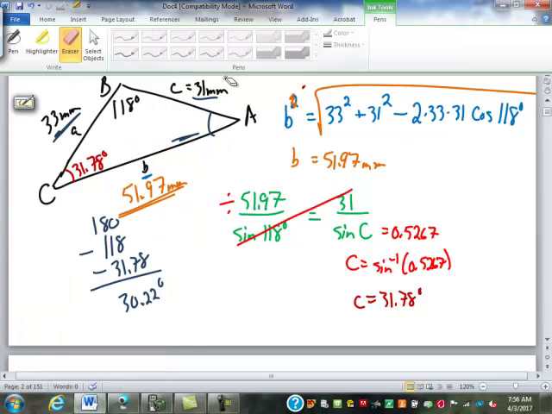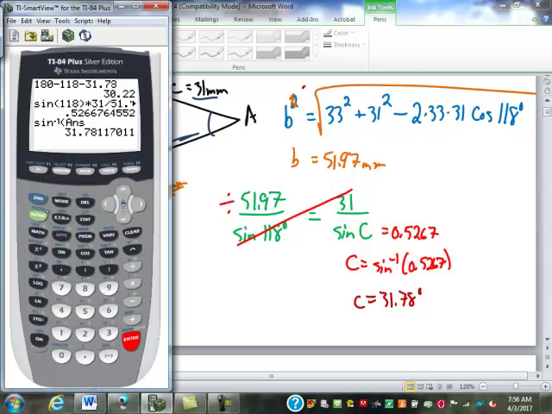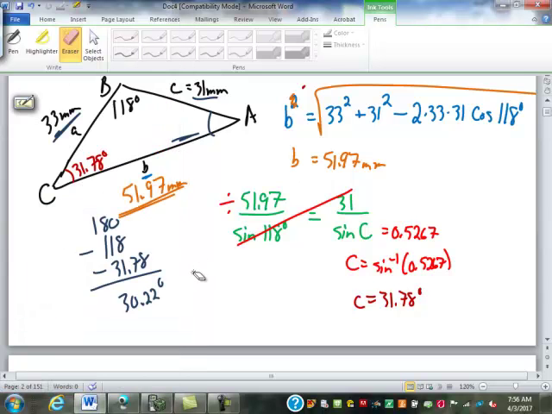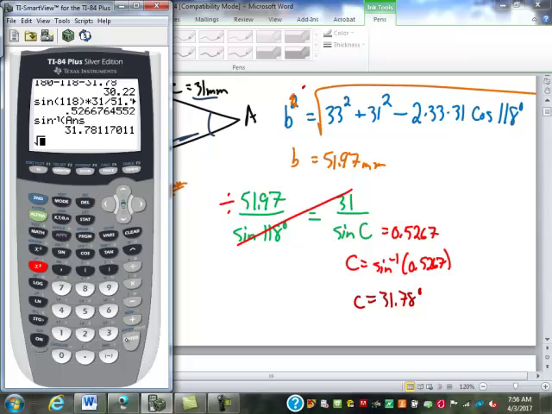Sometimes because these are so close together, there's a chance that round off errors could have got me, but I'm going to double check this calculation again just to be sure. This 51.97? Yeah, I'm thinking that's got to be where the mistake is.